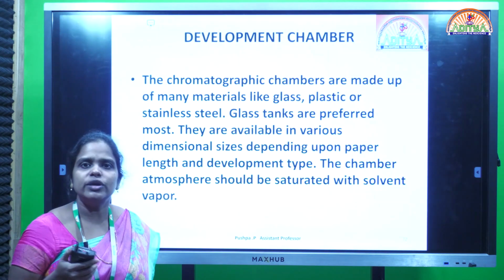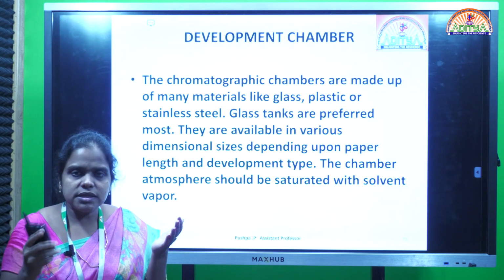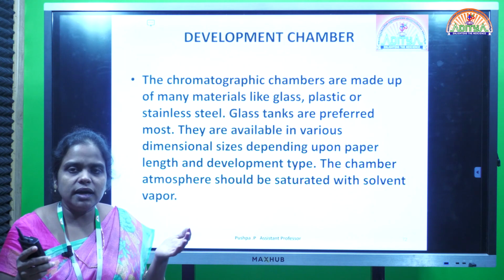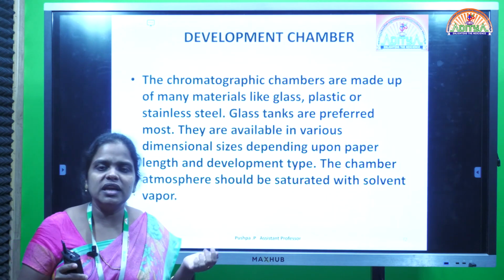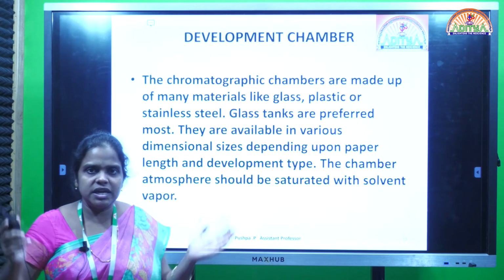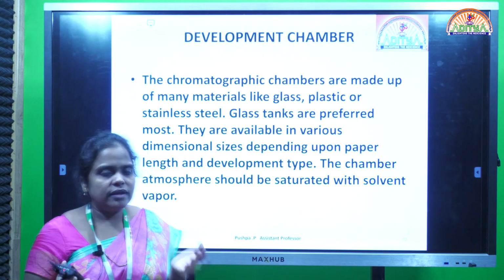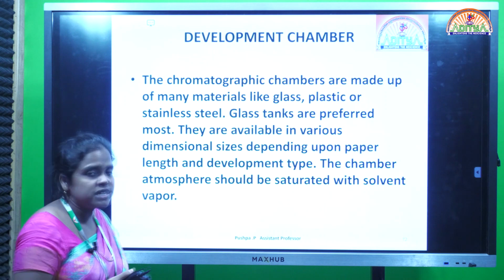I already told you in TLC also, mostly in industries they use a development tank or development vessel or jar, but normally in institutions or colleges they use big beakers. Those are called development chambers. Usually they are made of glass, plastic or stainless steel.